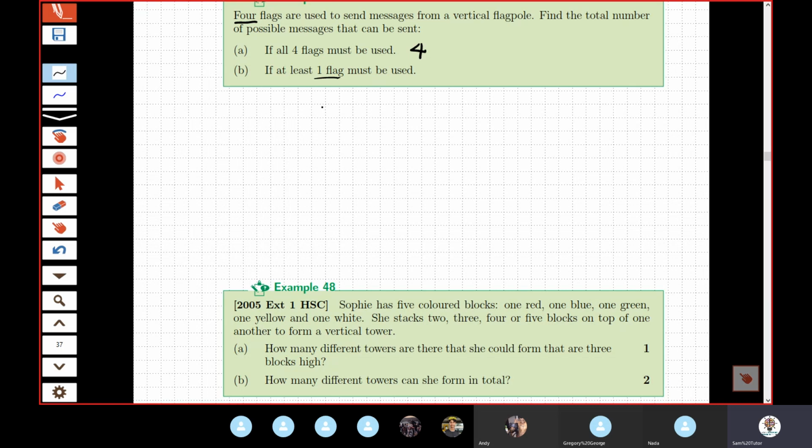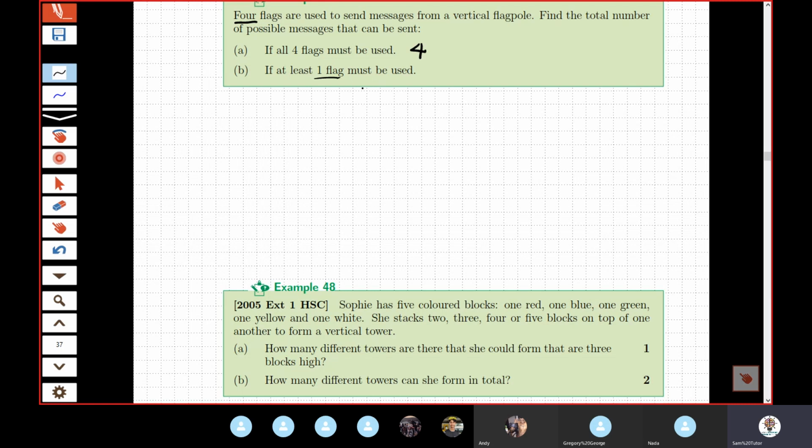No. Wait. Yeah. Find the number of possible messages that can be sent, for each number of flags used. Yeah, it should be plus. It shouldn't be times.